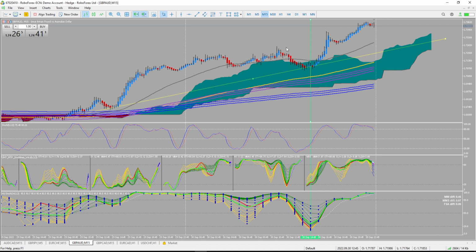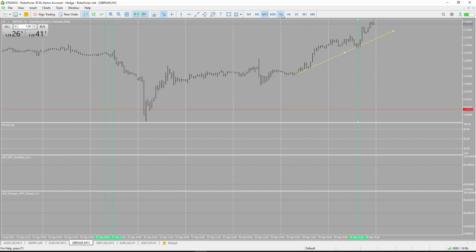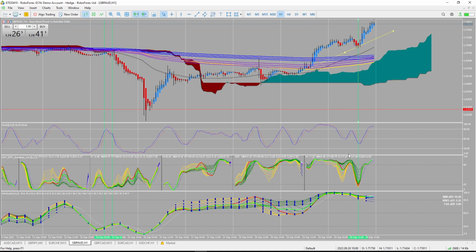In fact, it didn't correct much at all in comparison with the uptrend move we had prior to it. So when that happens, usually it's a good indication that we're going to continue long, especially when there is this big separation here between H1 and H4.